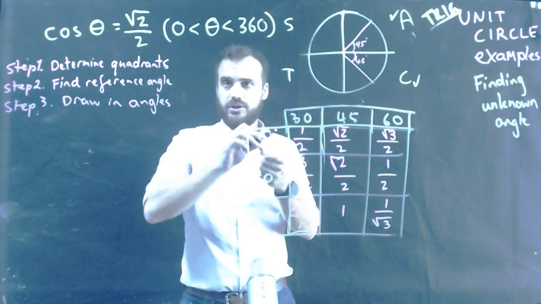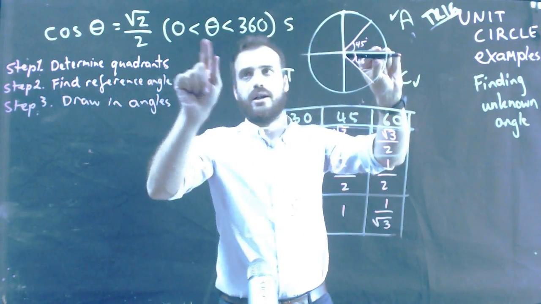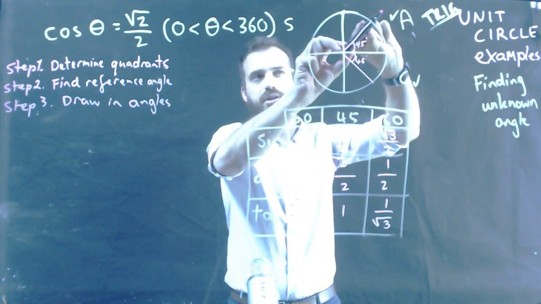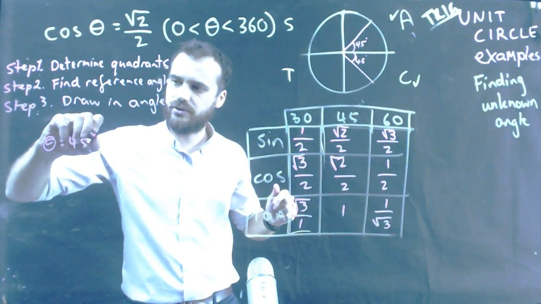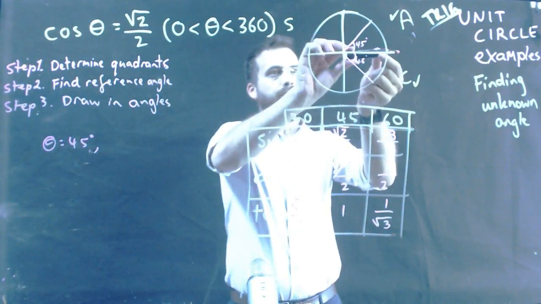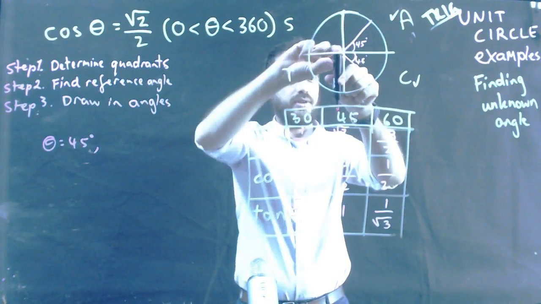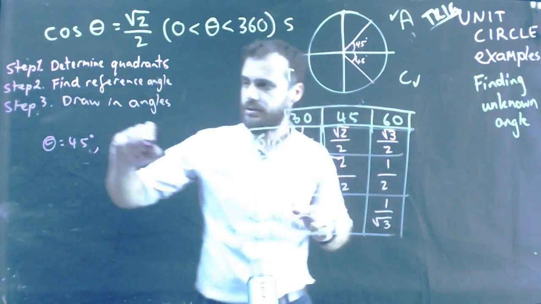Now finally, I just need to figure out how big each angle is. I start here, I need to go between 0 and 360. 45 degrees, that's one of my answers. Theta equals 45 degrees. 180, 270, another 45, that's 315.